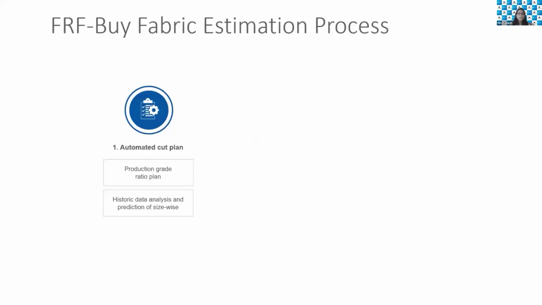So cut plan, of course, manually, it's time consuming. It may not hit the mark, and sometimes we don't have all the information. But with our solution, you'll get that cut plan within a button click. And even if we don't have the size-wise breakdown at that time, remember, we are integrated with the cutting module, and it has the ability to go back and look into similar styles, customers, and products in the past, and understand that even if we don't have size-wise breakdown right now, when the orders were cut in the past, what was the breakdown?